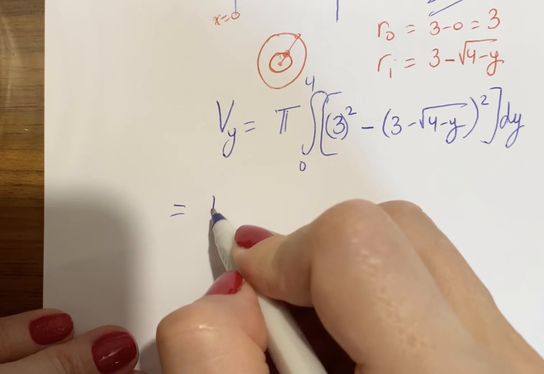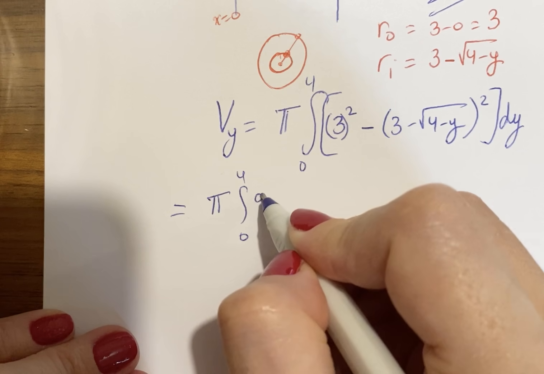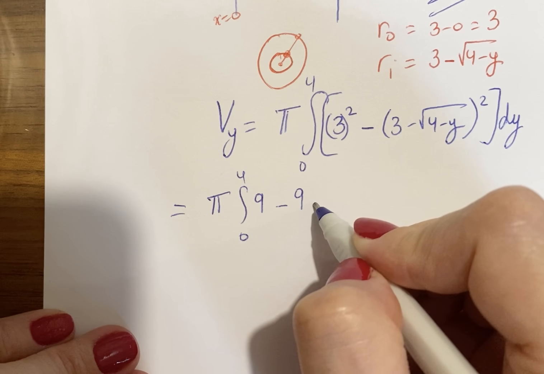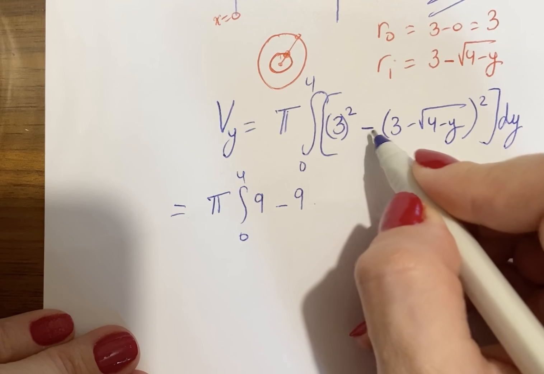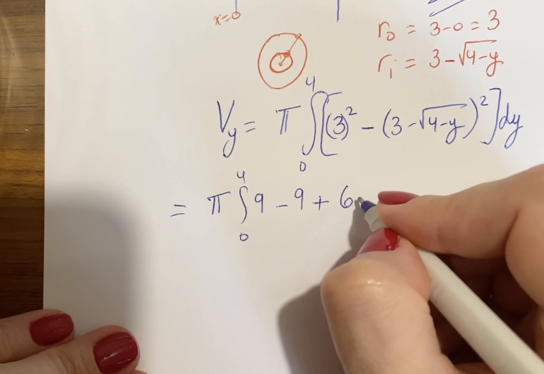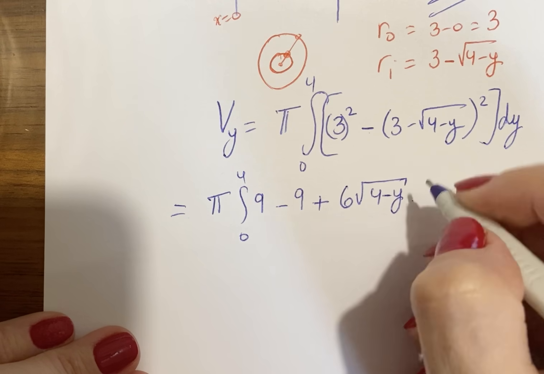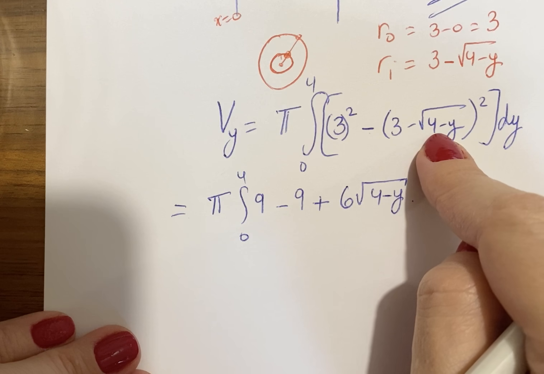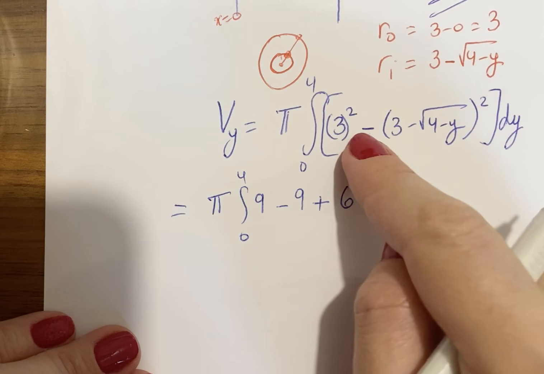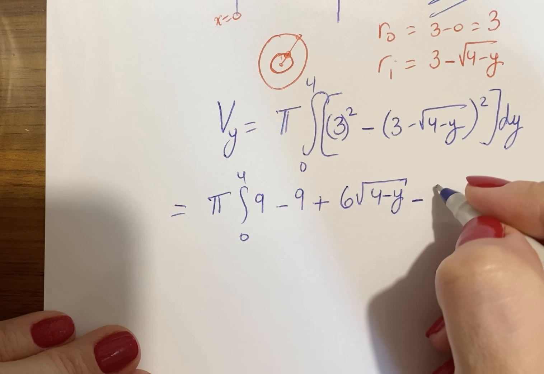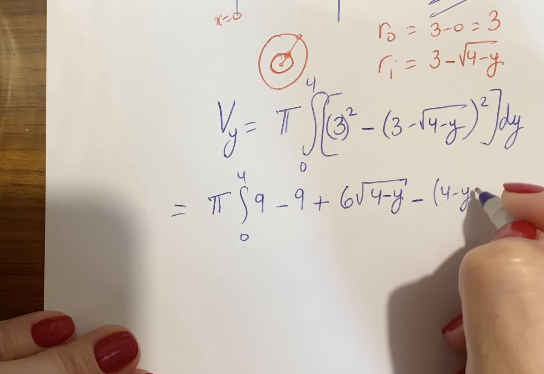How to integrate this? From 0 to 4, 9 minus 9 minus 6 times minus becomes plus 6 root 4 minus y. Root 4 minus y squared is 4 minus y, and there's a minus here, so it's minus (4 minus y).